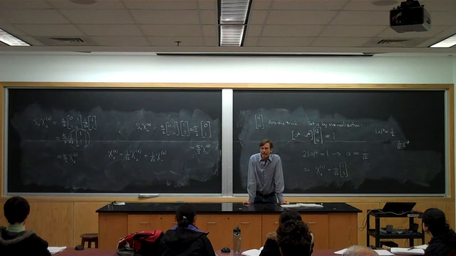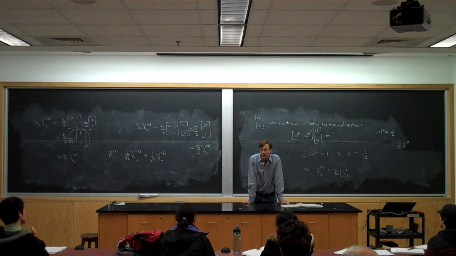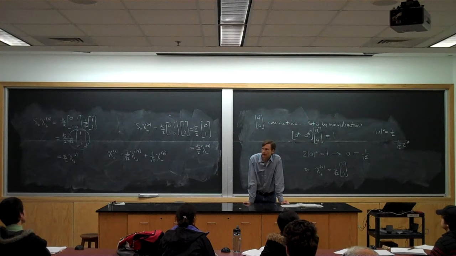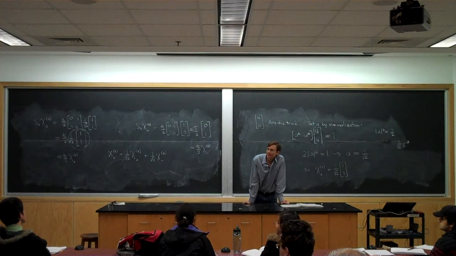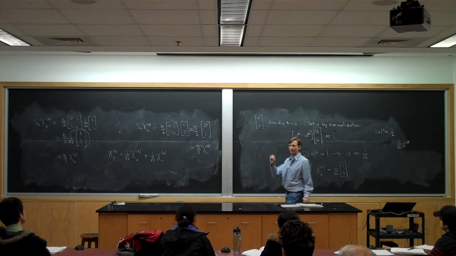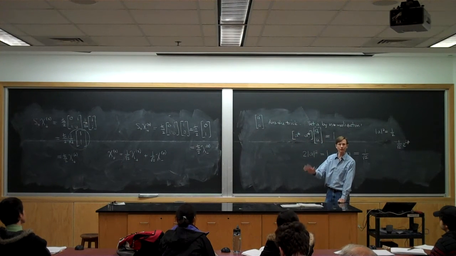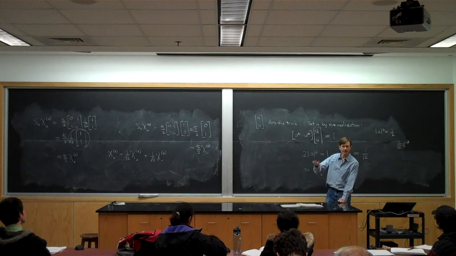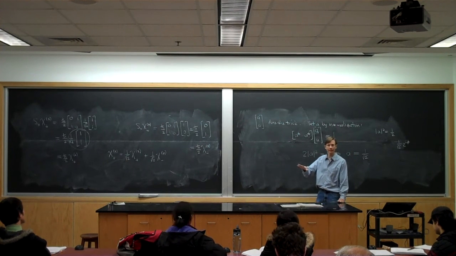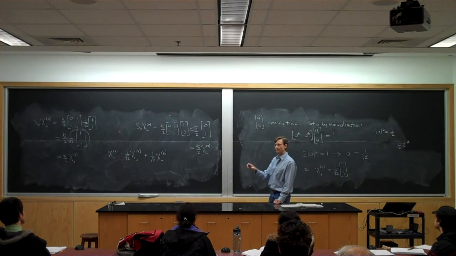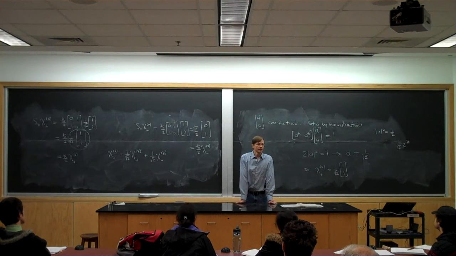I can only get the eigenvalues associated with S sub z. What are the eigenvalues of S sub z? Plus or minus h bar over 2. Yeah, plus or minus h bar over 2. Absolutely. I can get either plus h bar over 2 or minus h bar over 2, because those are the eigenvalues of S sub z. Those are the only things I can get. What's the probability that I will get plus h bar over 2?